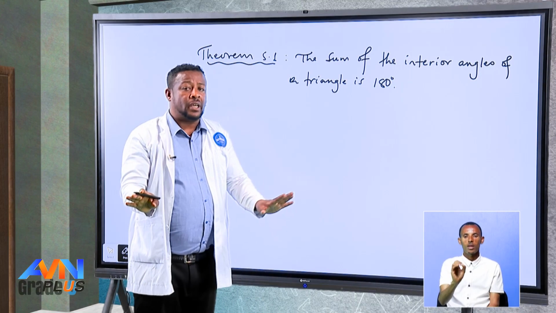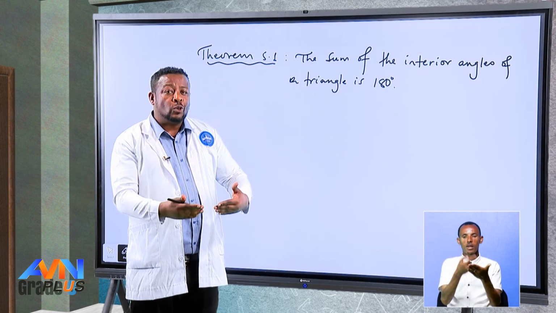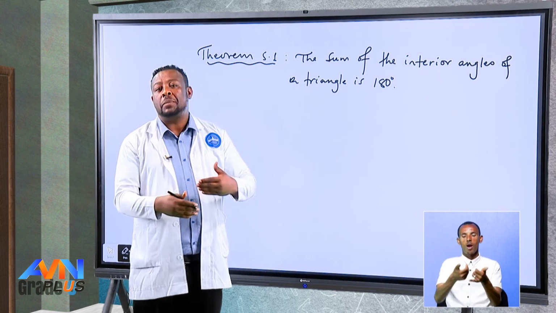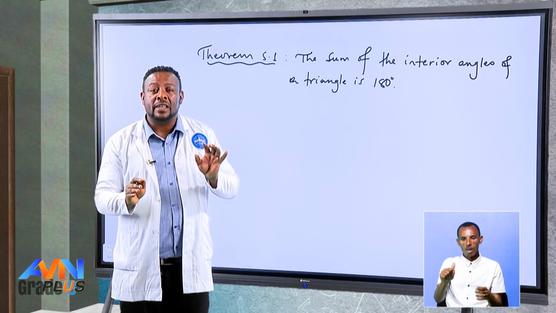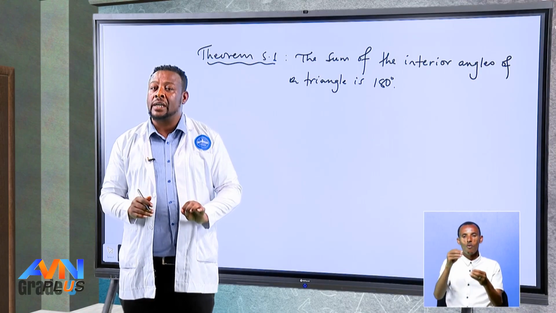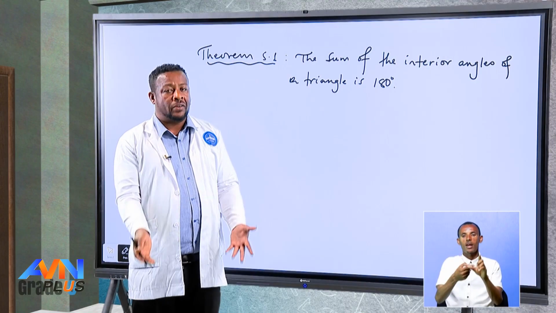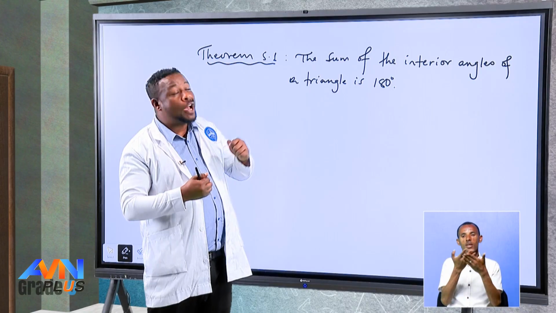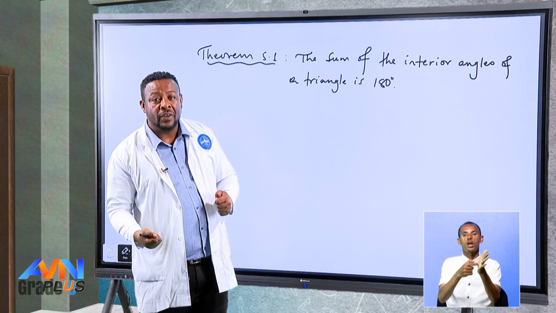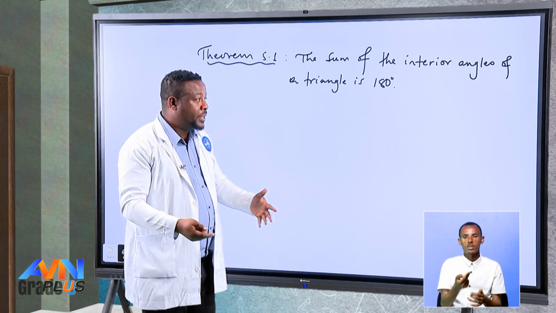You all know this. Here I will show you how this fact can be derived. For any triangle, the sum of all the interior angles must give us 180 degrees. You may know this, but here I will show you how we can derive the result, okay?